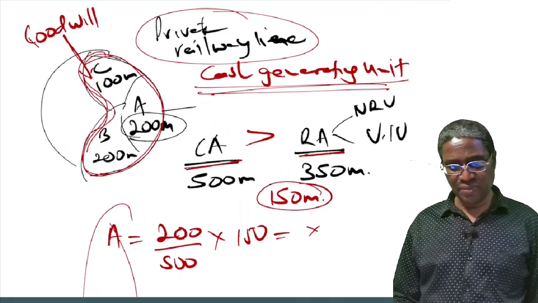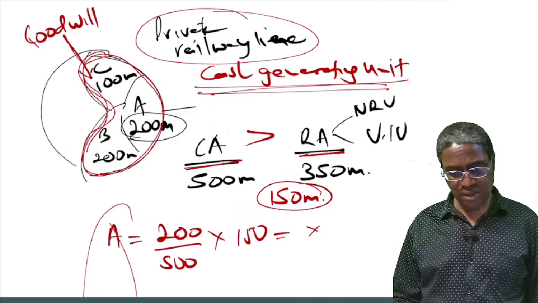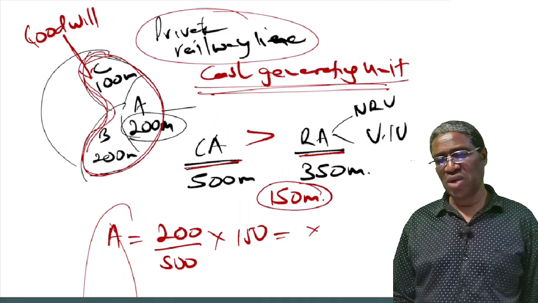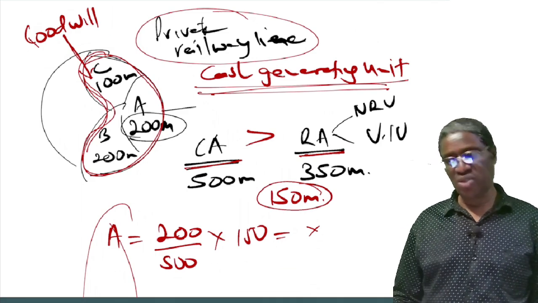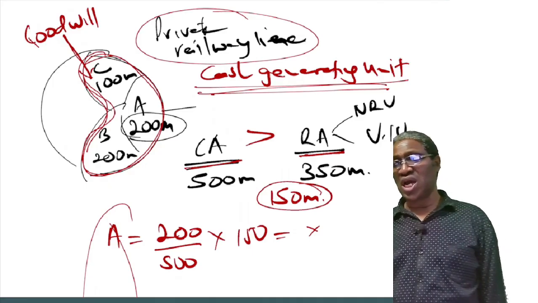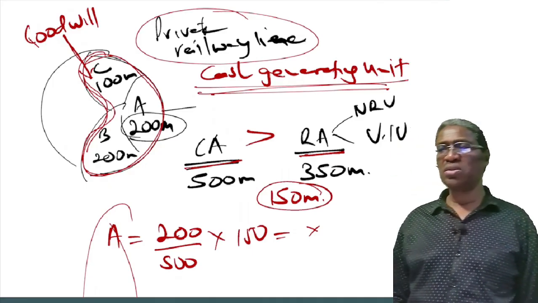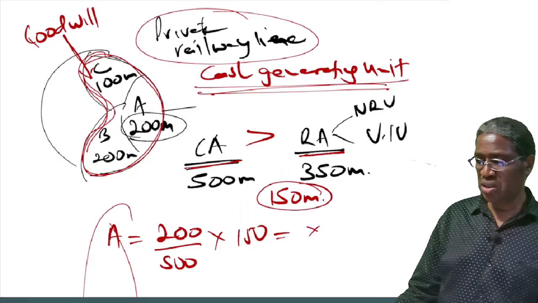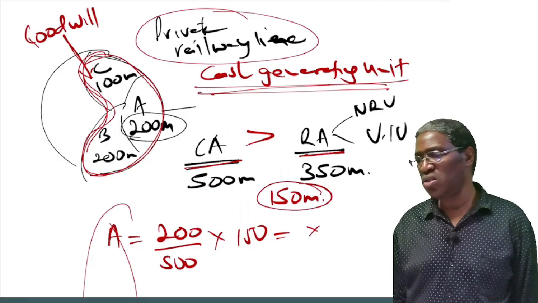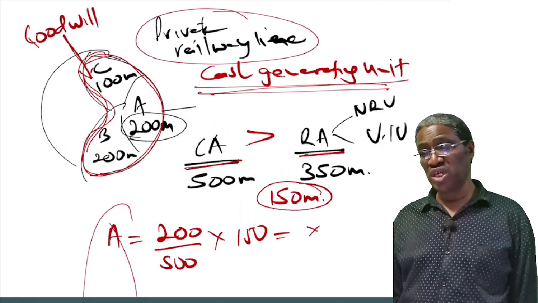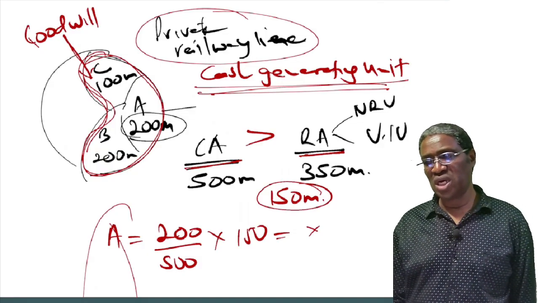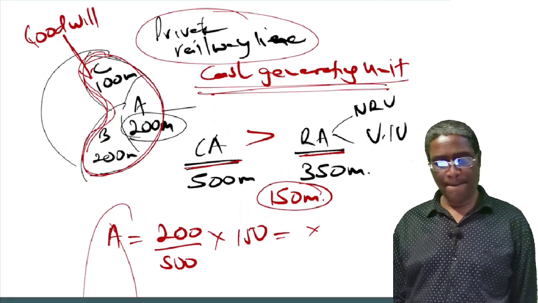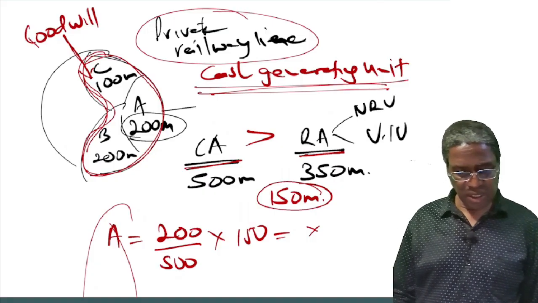Another paragraph. Such a group of assets is called a cash generating unit. Another paragraph.